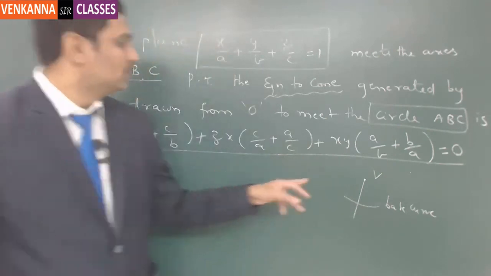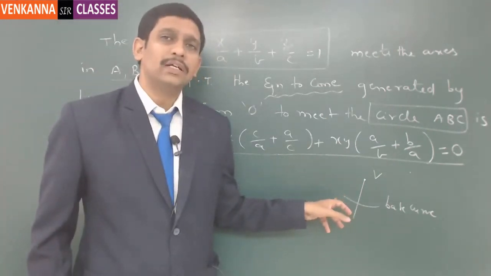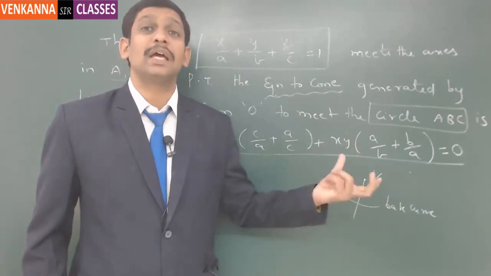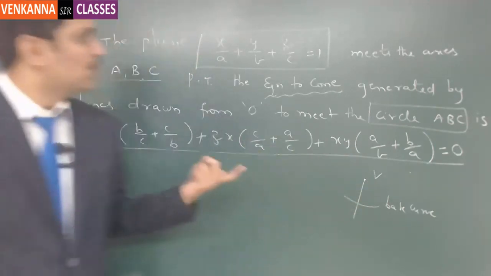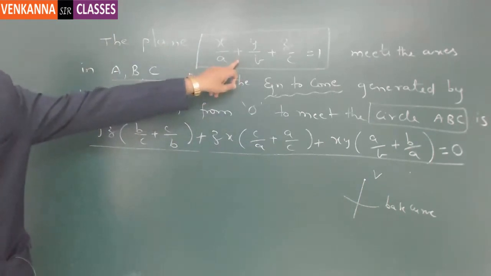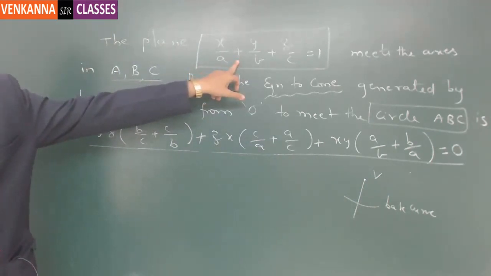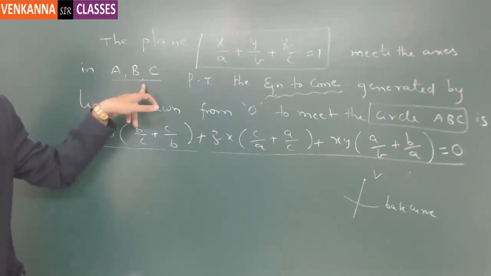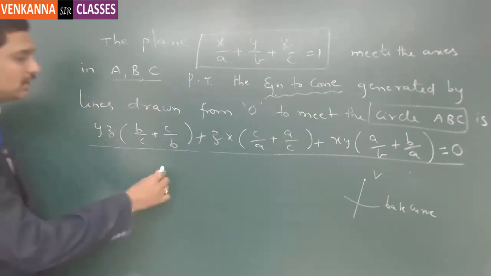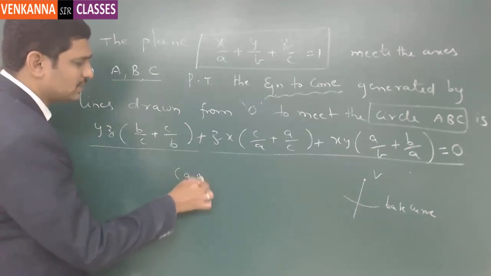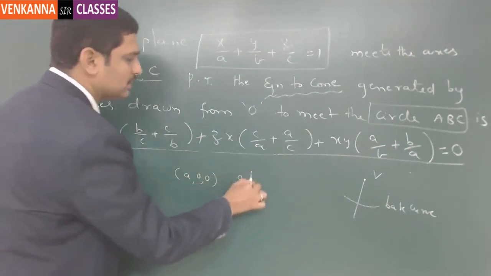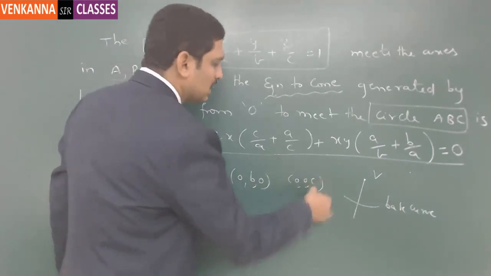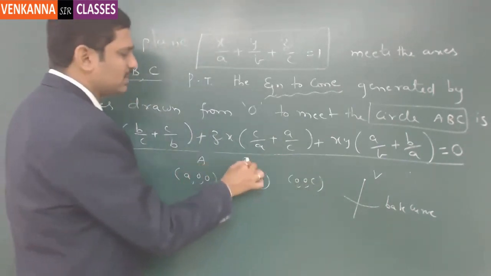So here also we have to assume that the base curve is nothing but the intersection of a sphere and a plane. From the problem, this is the given plane meeting the coordinate axes at the points A, B, C. Obviously the points are A,0,0, 0,B,0 and 0,0,C. These are nothing but the intercepts A, B, C.